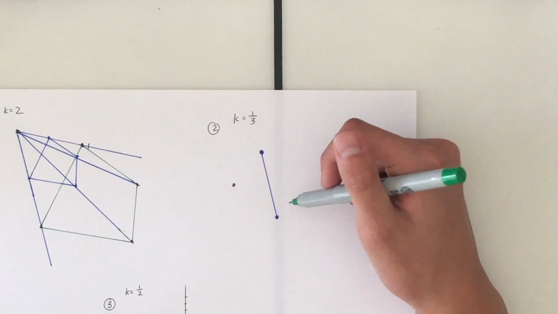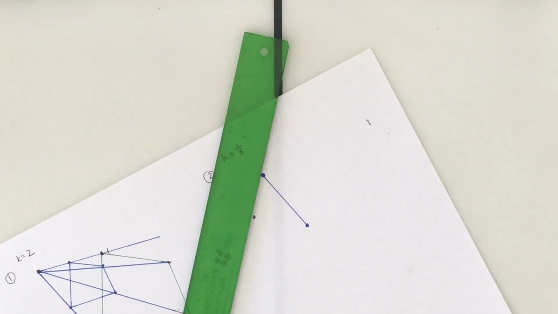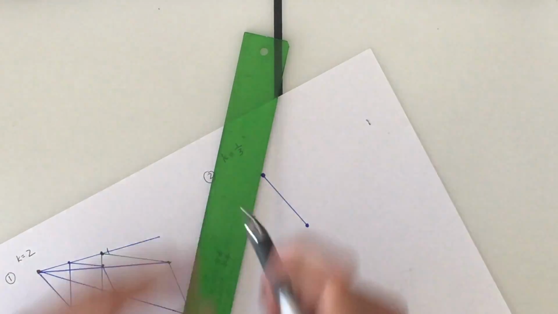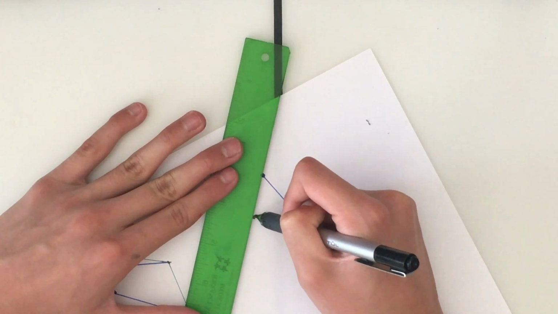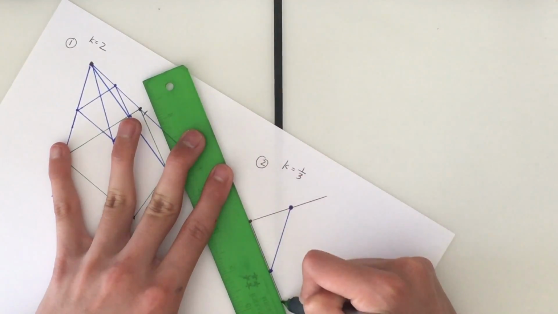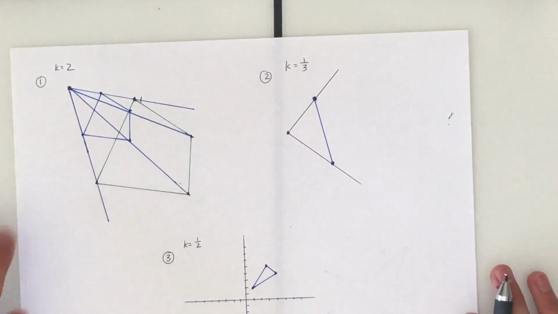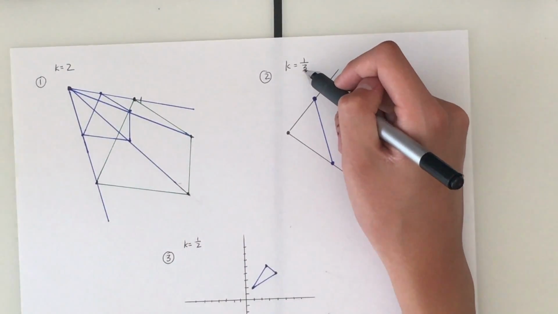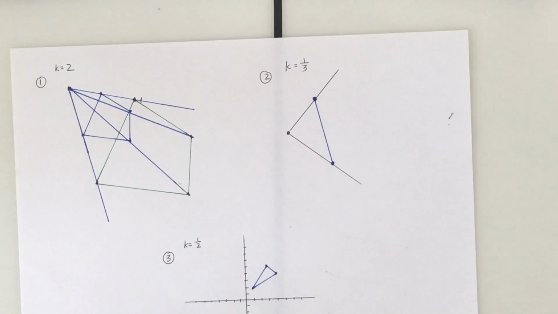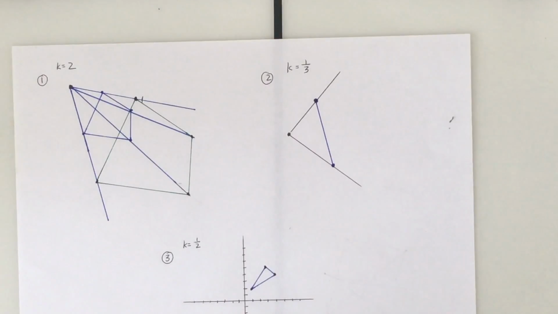Let's go into this one where the scale factor is 1/3. Now we're making it smaller. Let's do the same thing as before. Draw the rays that have an endpoint of the center and contain the pre-image. Since we have a scale factor that's less than 1 and greater than 0, we have to divide the segment from the center to the pre-image into multiple parts.